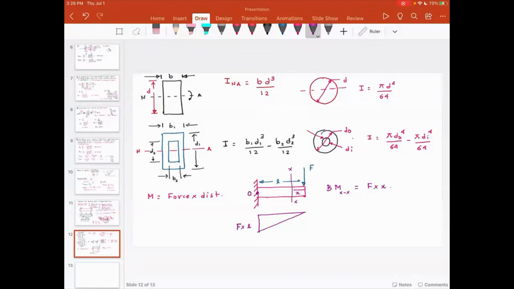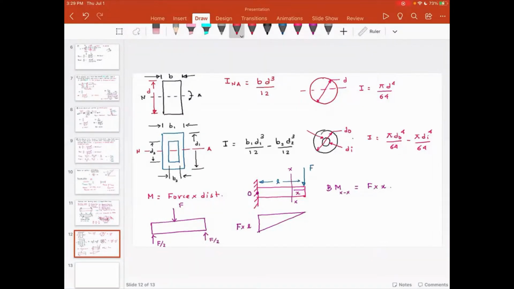Now similarly, if you have a simply supported beam, and there is a load at the center span, then if this is the force F, that force is divided equally.